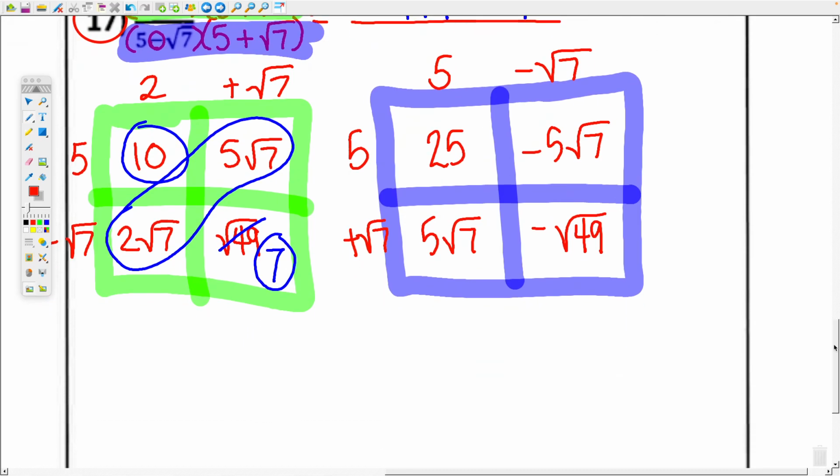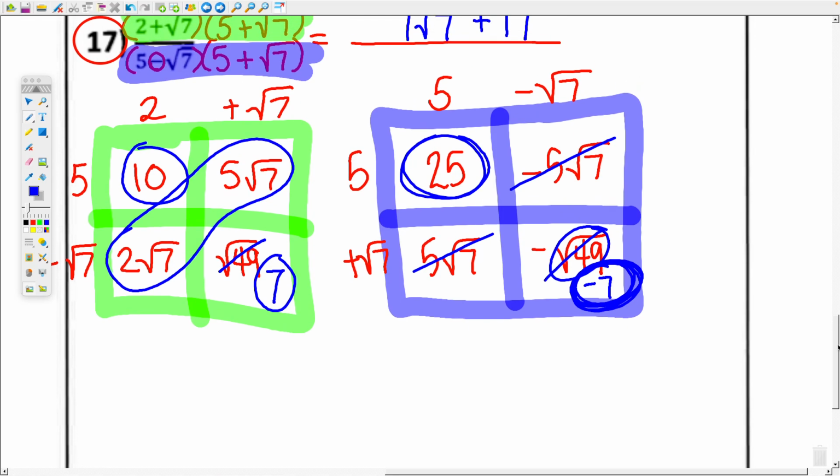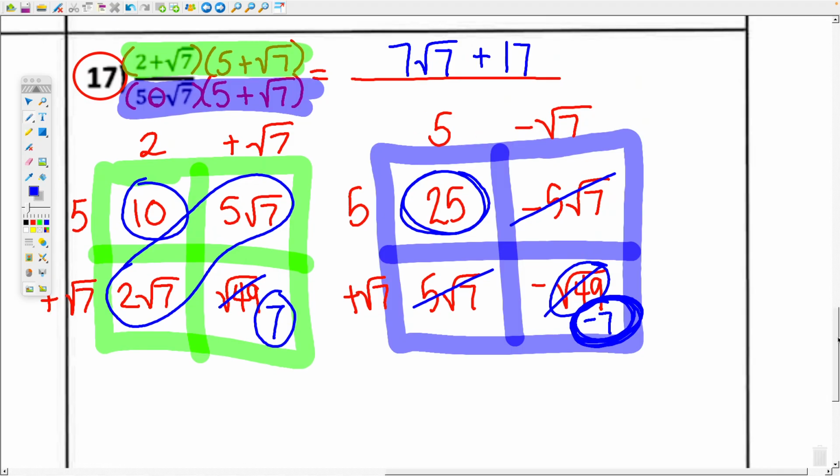We know that the bottom has to cancel radicals out, so these better cancel. All right, now this will become 7. So I have -7 here at the bottom, and 25 minus 7 is 18. That means my denominator is 18. There's nothing I can do with this. I'm completely done with that, okay?